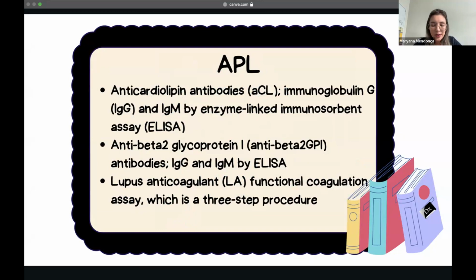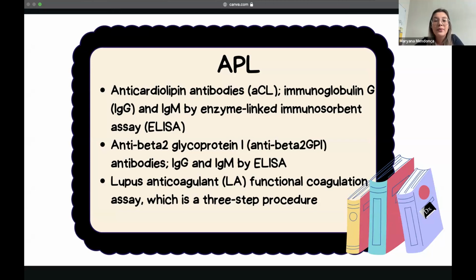Something that I was researching and found really interesting is that an increase of anticardiolipin antibodies would characterize a low risk profile for a patient, and at the same time, an increase in lupus anticoagulant would characterize a high risk profile.